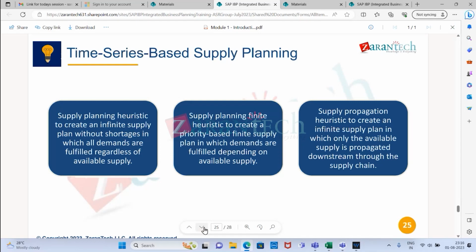This is based on the pricing strategy. Whoever is giving the higher price for the product gets the supply first. He is given the priority because the organization strategy is based on maximizing the profit.